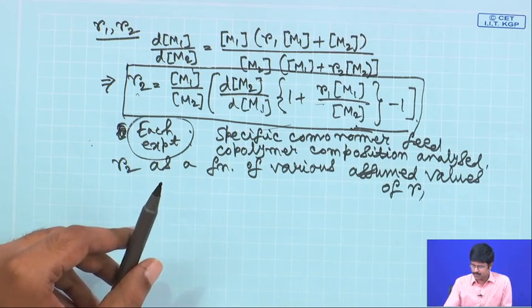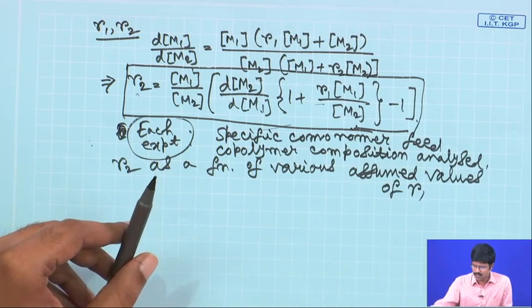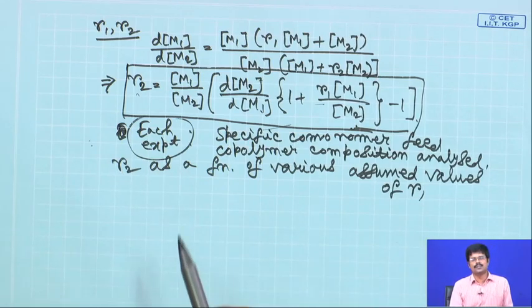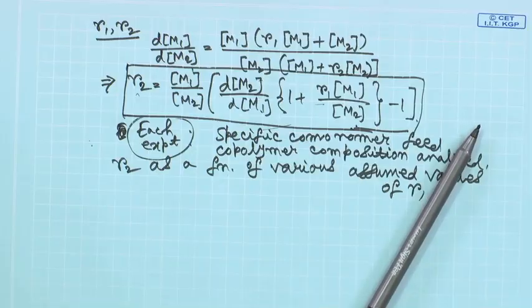Now, what I will go into in the next class is to talk about the microstructure of the copolymer. So, what do we mean by microstructure of copolymer? We have already talked in detail about copolymer composition.